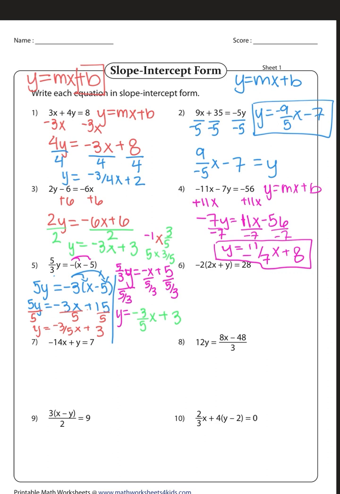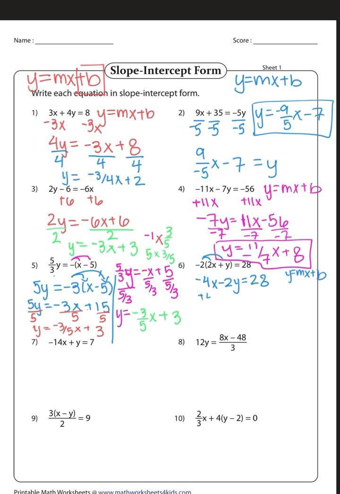We have negative 2 times 2x plus y equals 28, and we're trying to get to the y equals mx plus b form. So you can do that by distributing, right? So you distribute to each of the terms. So we get negative 4x minus 2y is equal to 28. Now we must bring x over to the other side.